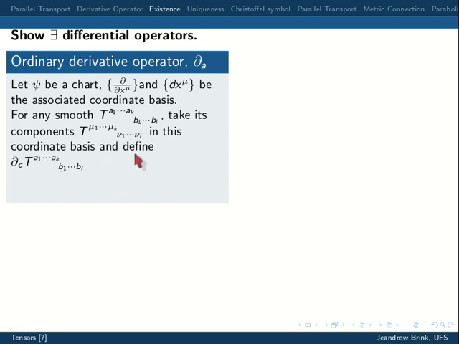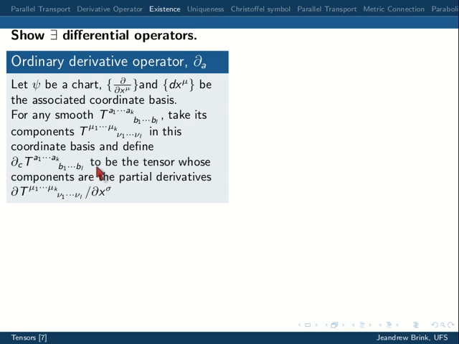So the most naive way is simply I take the tensor, which has my abstract index notation over here. To work out the derivative operator, I take the components on my coordinate basis, and I just work out the derivative of every single component, and I say I have a new tensor.